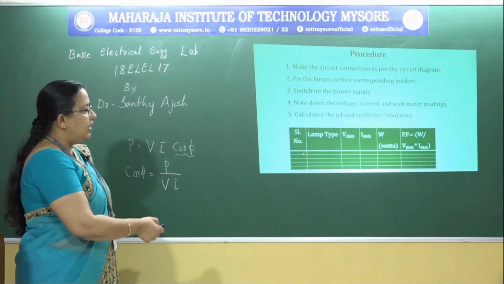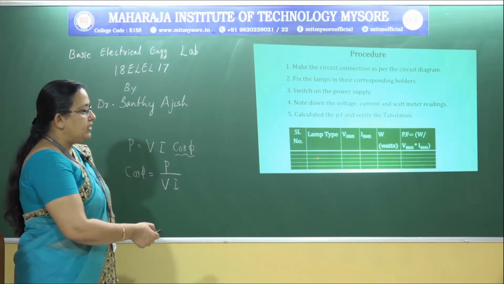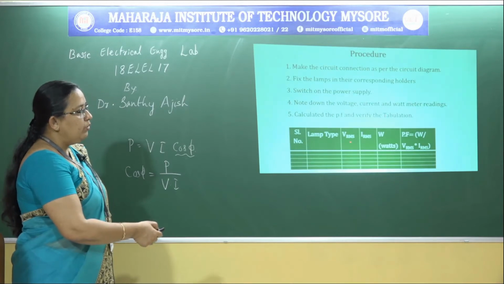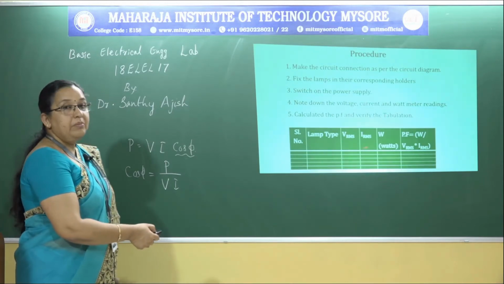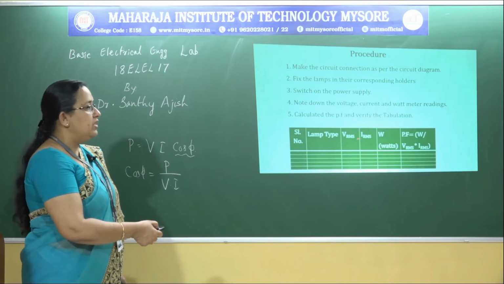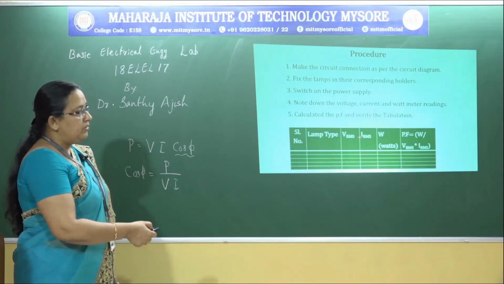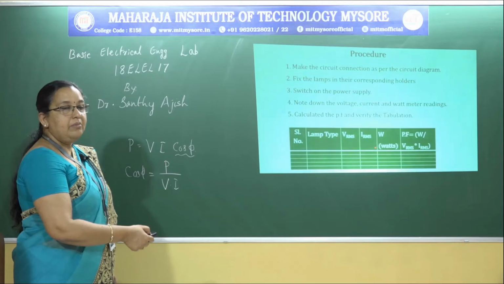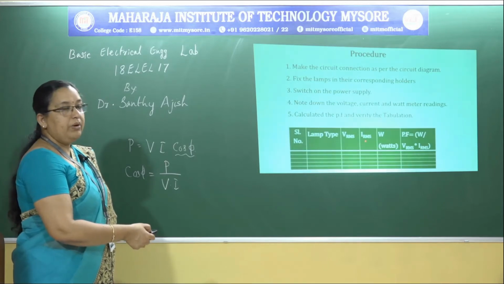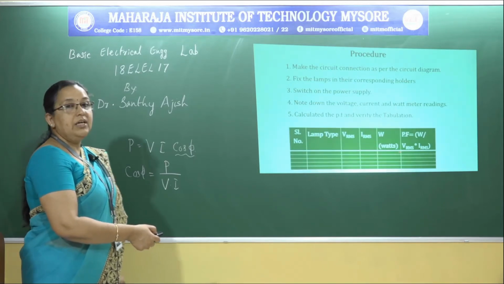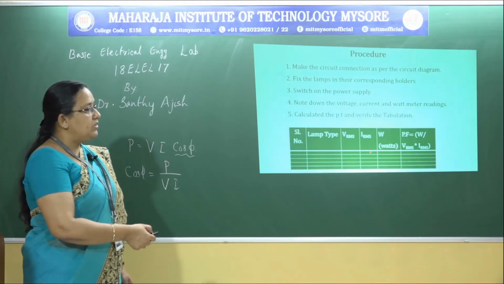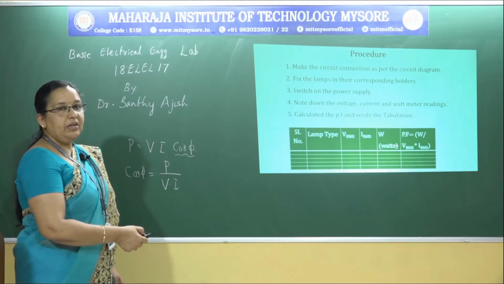This is the lamp type we write, serial number, lamp type: incandescent, fluorescent and LED. VRMS is the RMS value of the voltage which the voltmeter measures. IRMS is the RMS value, root mean square value, of the current which the ammeter measures, and W is the power in watts.